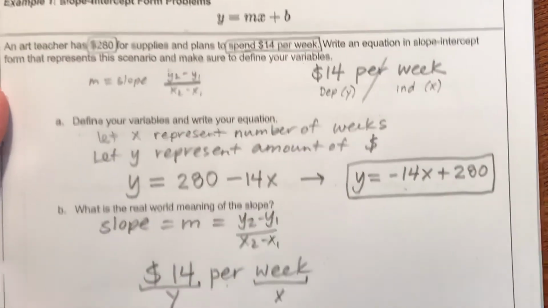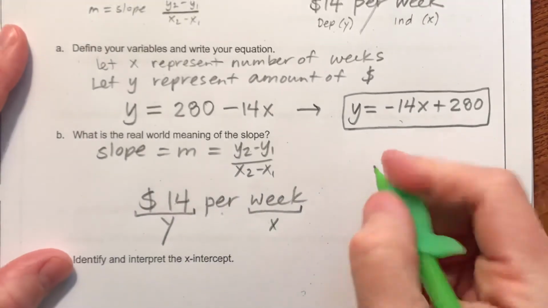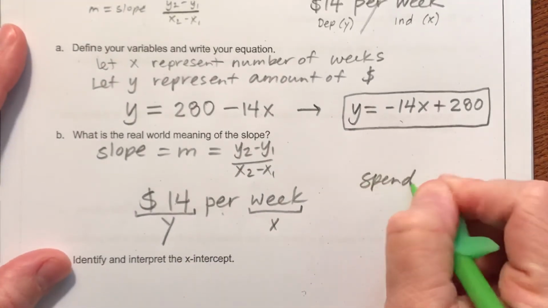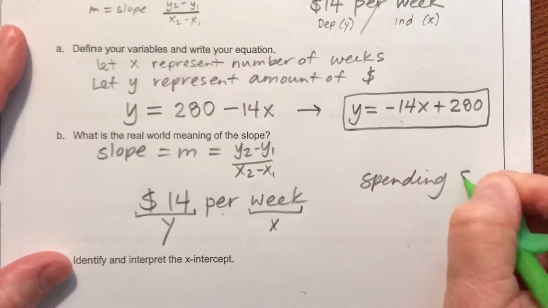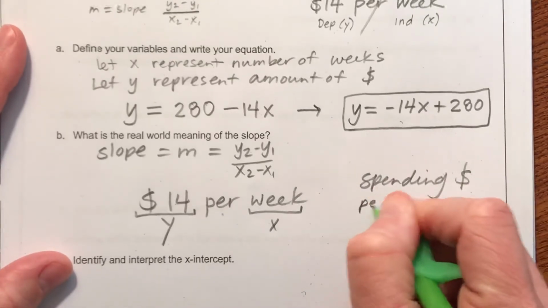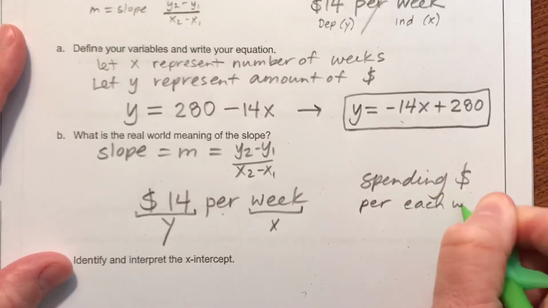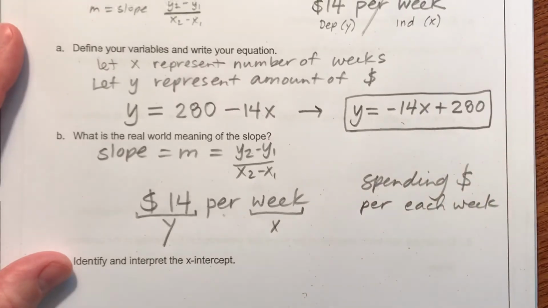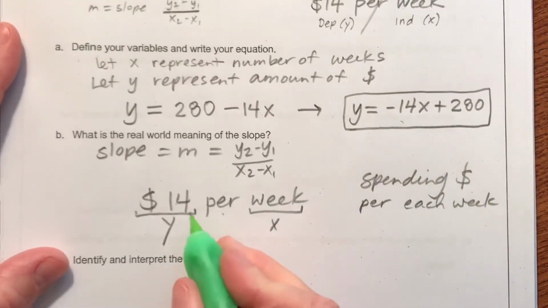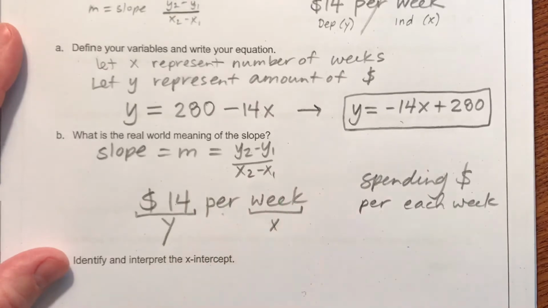So it's her spending money. So I'm going to say spending money per each week. So for each week, she's going to spend $14. So $14 per 1 week.